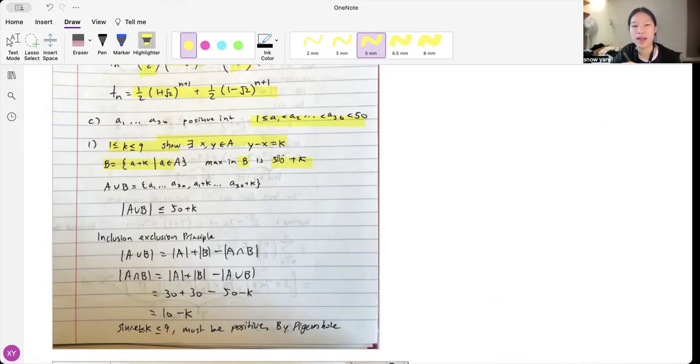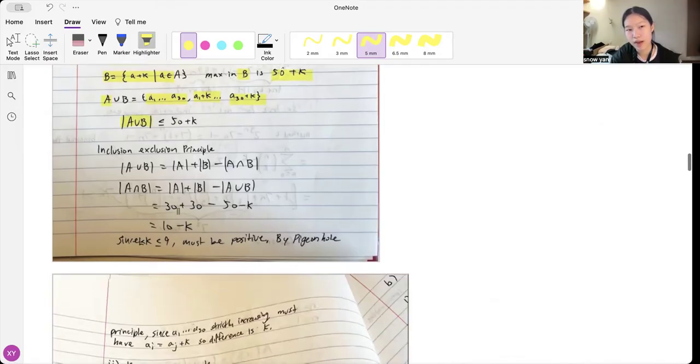So the set A union B would be a1 to a30, which comes from A. And B would be a1 plus k all the way to a30 plus k. So every element plus k, right? So then I know that the maximum size of A union B would be 50 plus k.